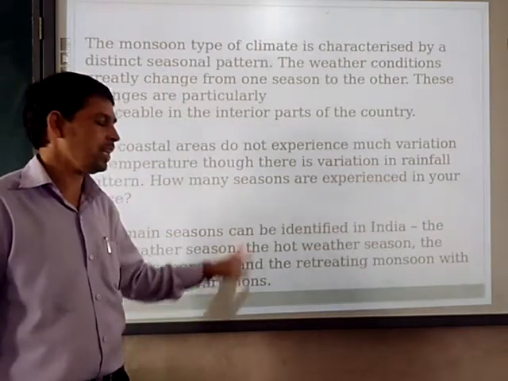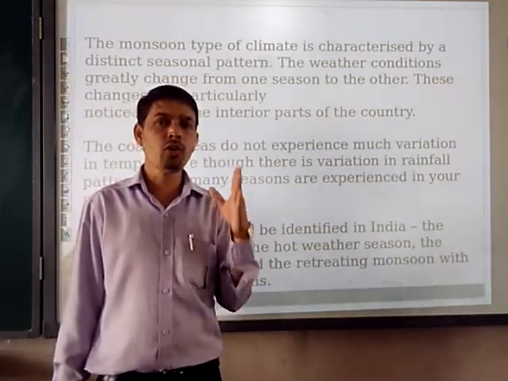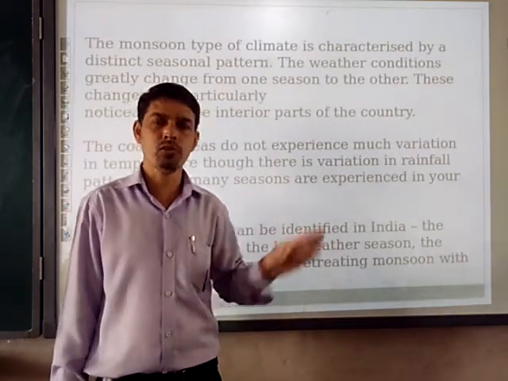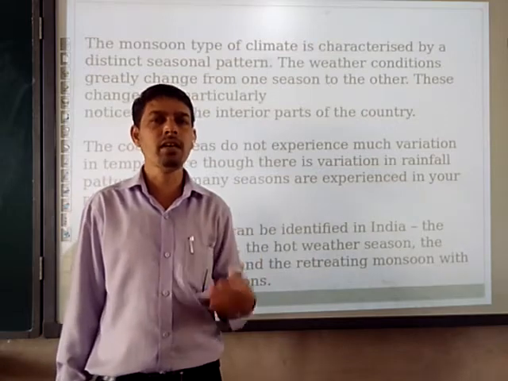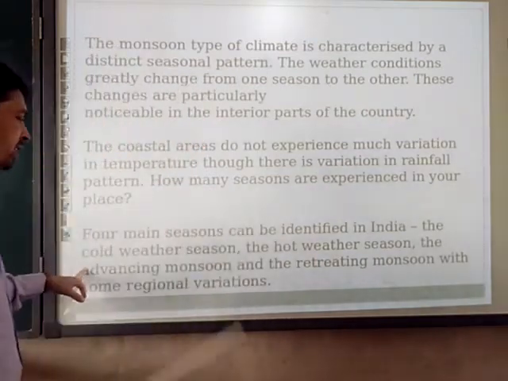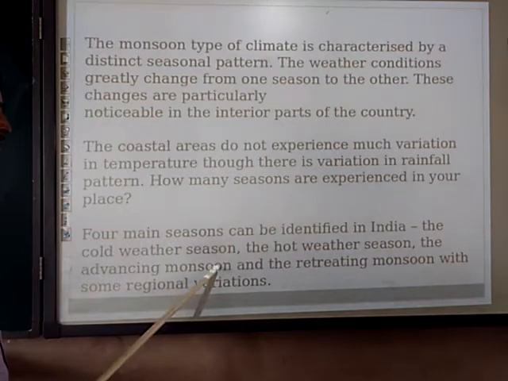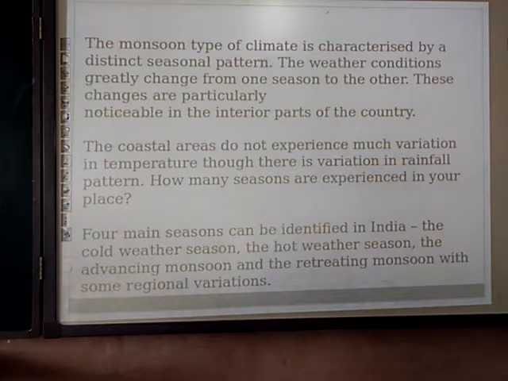That means basically we have 3: the hot weather, cold weather and monsoon season, that means winter, summer and rainy. 3 seasons we are going to talk about. The rainy is divided into advancing monsoon and retreating monsoon. Please copy down these points.